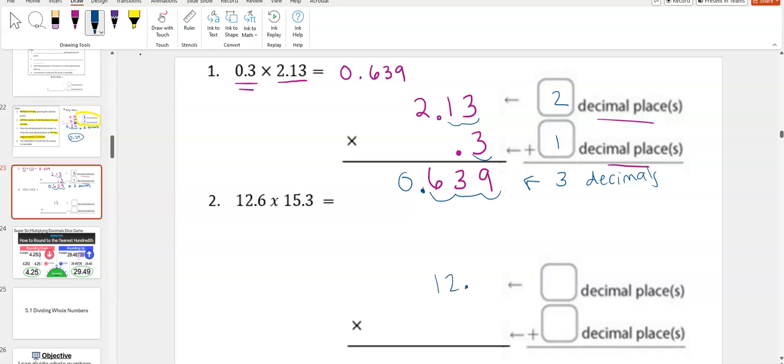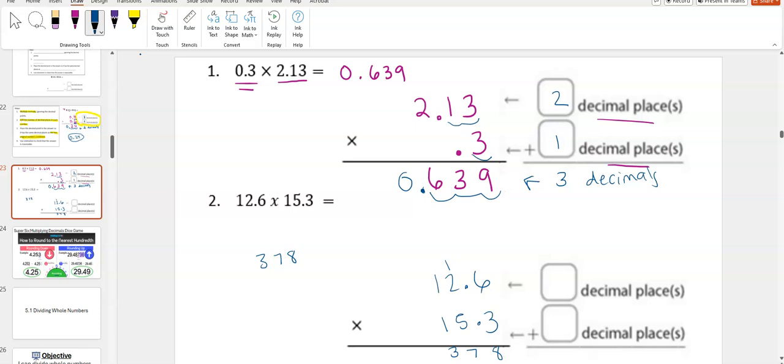And these two numbers, I have the exact same number of digits, so we're just going to keep it this way. So we're going to, again, ignore my decimal places. We're going to do 3 times 6, which is 18. 3 times 1 is 3, plus 1 is 4, and 3 times 2, sorry. Oh, I'm running out of space over here, so I'm going to write it over here.